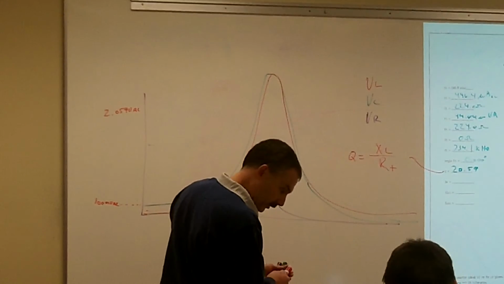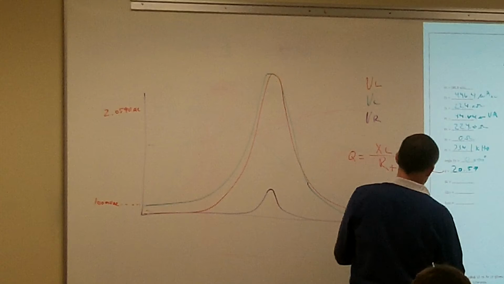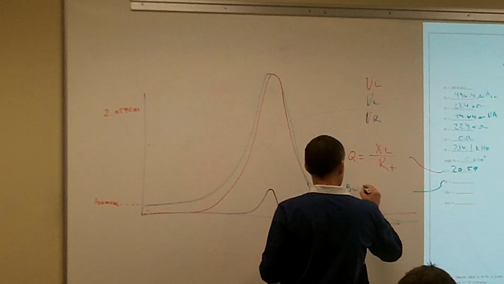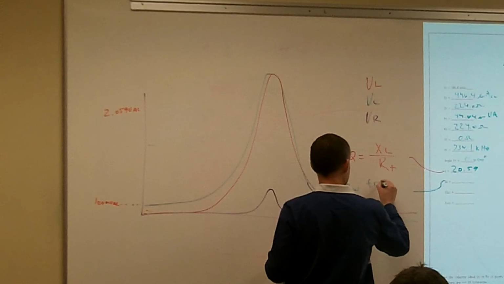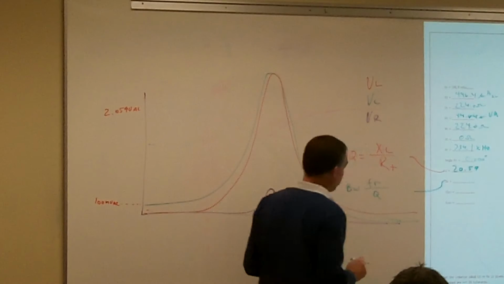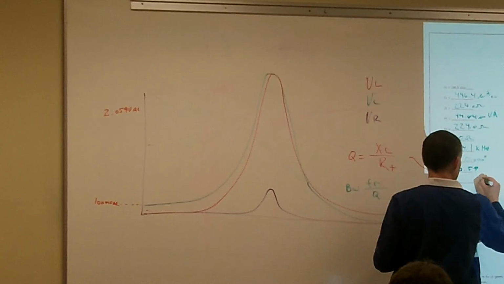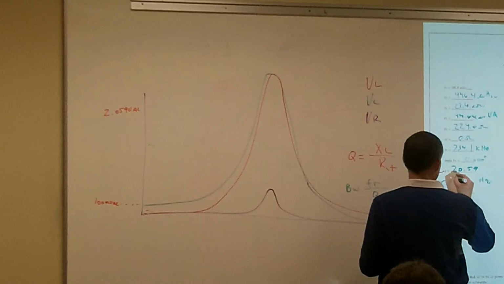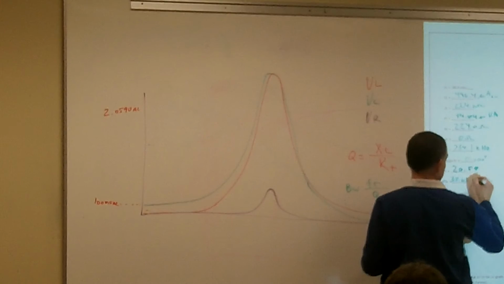So our bandwidth is just going to be our resonating frequency divided by our Q. And that's going to give it to us in hertz. 35.65 kilohertz.